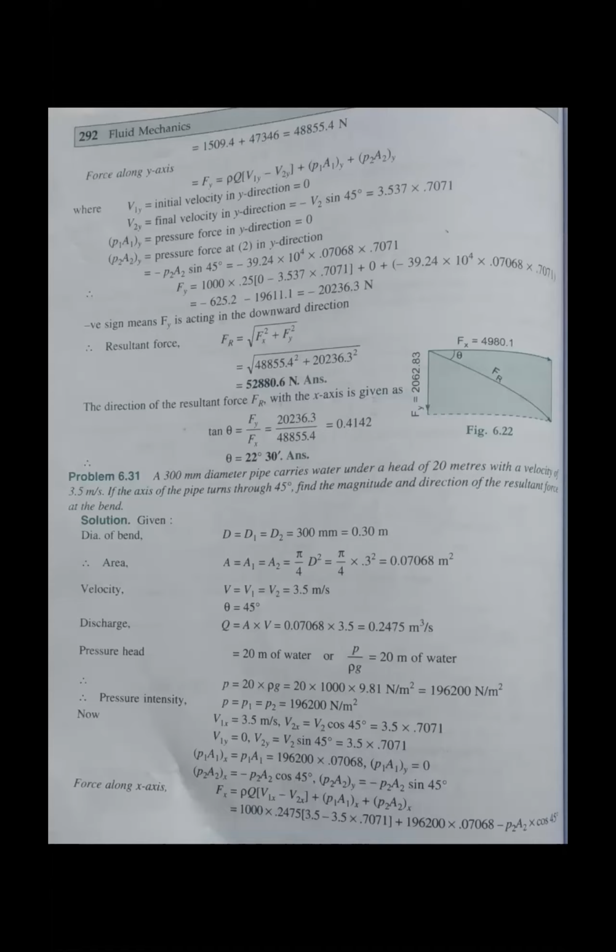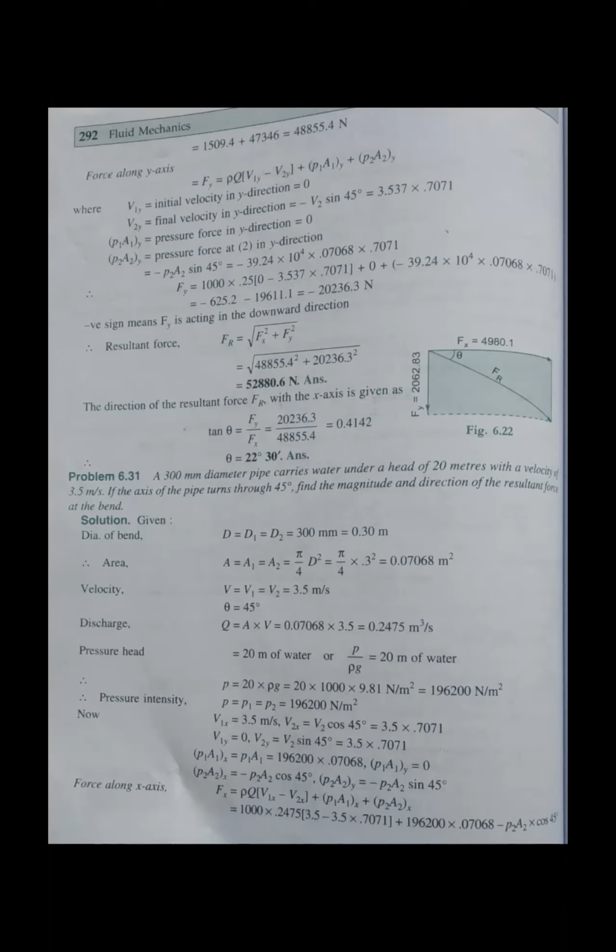P2A2, if it is resolved in the y direction, can be resolved using 45 degrees as angle. P2 is making an angle 45 degrees with the vertical.